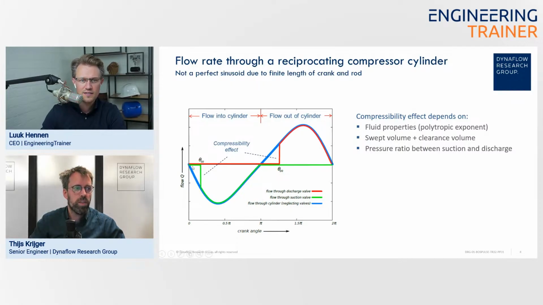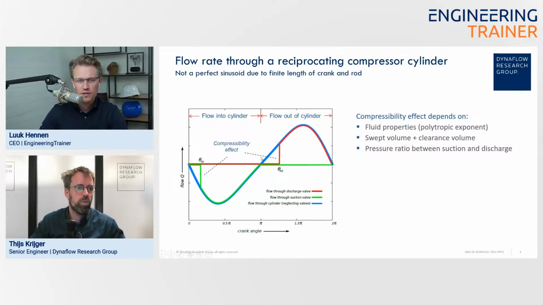And then the blue line would be the flow of gas in and out of the compressor chamber if there were no check valves. Like the dark blue line. Yeah, as in basically, the piston moving back and forth and pushing. Yeah.